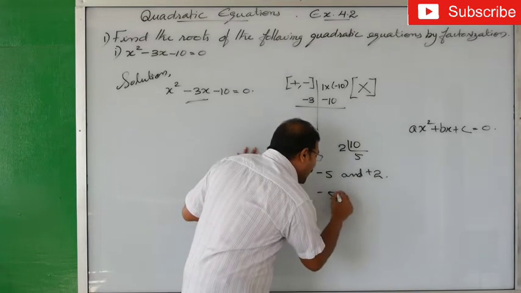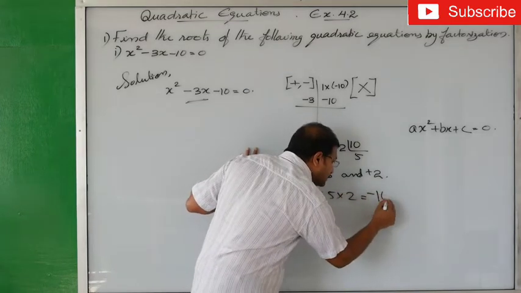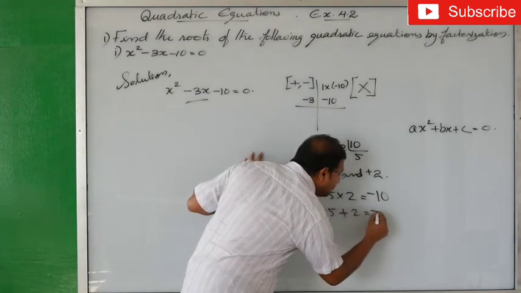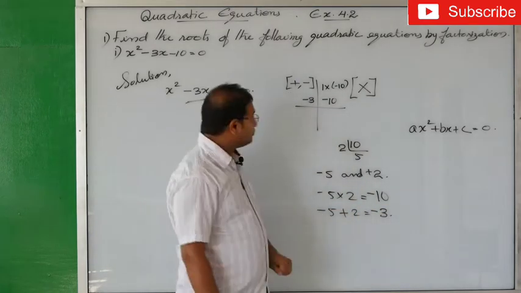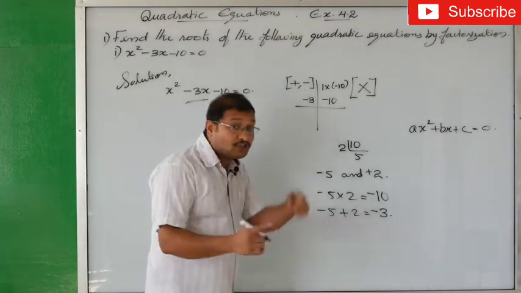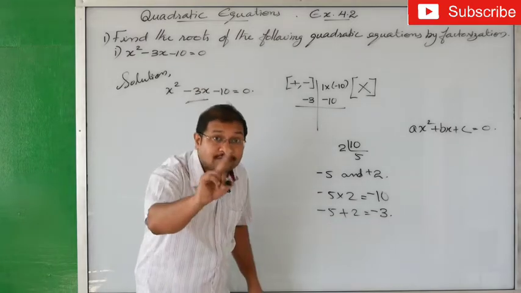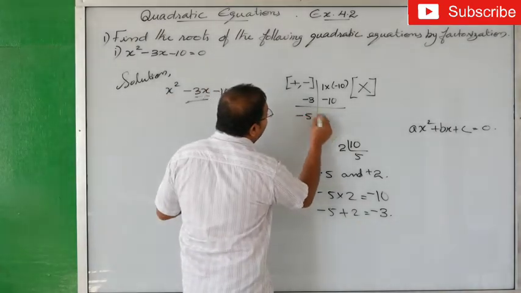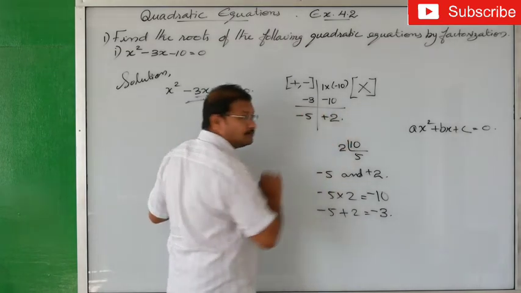Because minus 5 into 2 we will get minus 10, and minus 5 plus 2 will get minus 3, because here it is minus 3. If I take 5 minus 2 I will get 3, but not minus. That means we are getting the numbers minus 5 and plus 2.